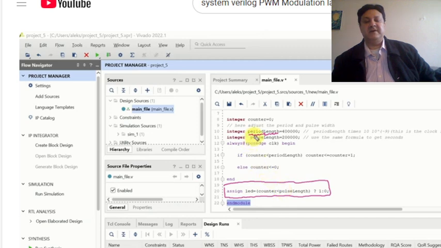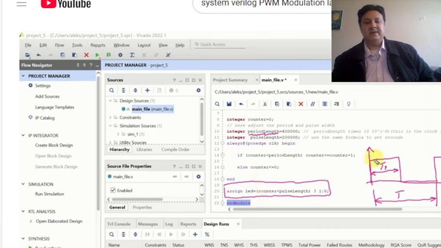If counter is smaller than pulse length, and the pulse length is given over here, and let us graphically visualize the situation again. Okay, so this is our t, that is period length, and this is t1, and this is our pulse length.